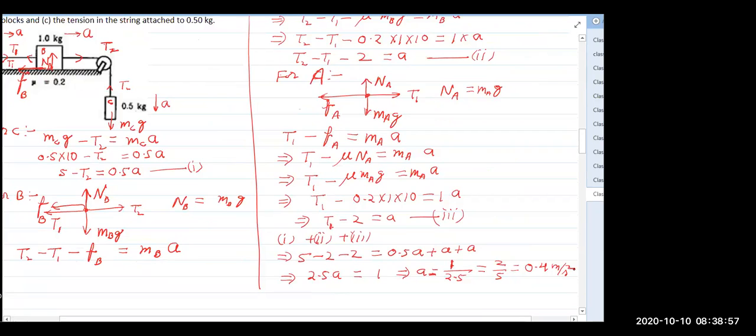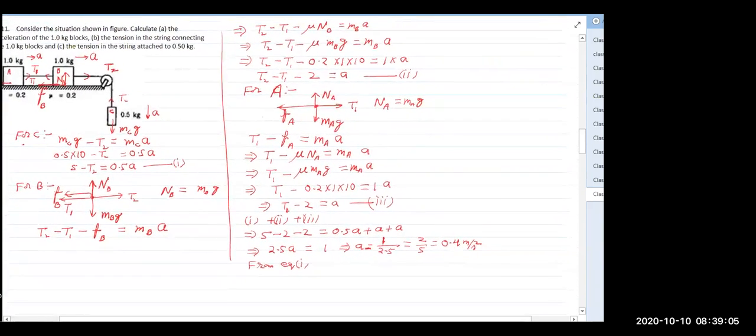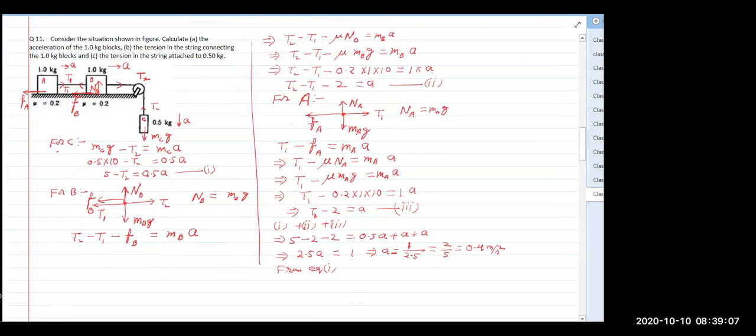Now we can find the tensions. Using equation 1, T2 will be equal to 5 minus 0.5A. So 5 minus 0.5 times 0.4, which is 5 minus 0.2, so we are getting 4.8 Newton.